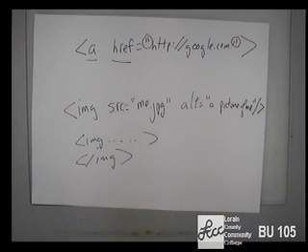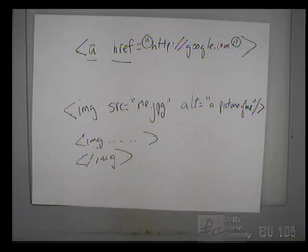Now, that being said, there are some rules, both in HTML and XHTML, that either I haven't mentioned, or maybe have mentioned in passing. Those include, for example, having to have a head and body section. Those include having to have a title in the head section.